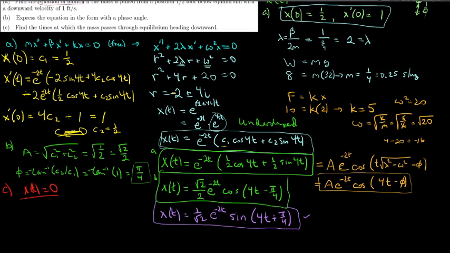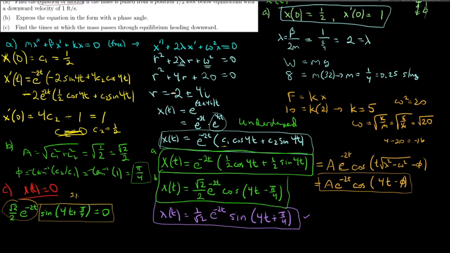So we want to solve this equation here, square root of 2 over 2 times e to the negative 2t times the sine of 4t plus pi over 4 equals 0. So we can divide by square root of 2 over 2, and we can divide by this e to the negative 2t. We can divide by this whole thing because it's not equal to 0, right? This is never 0. And so we really just have to solve this equation.